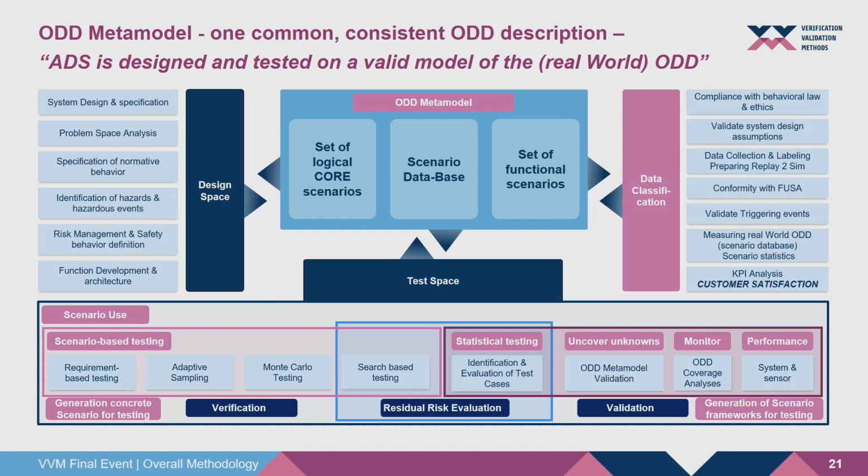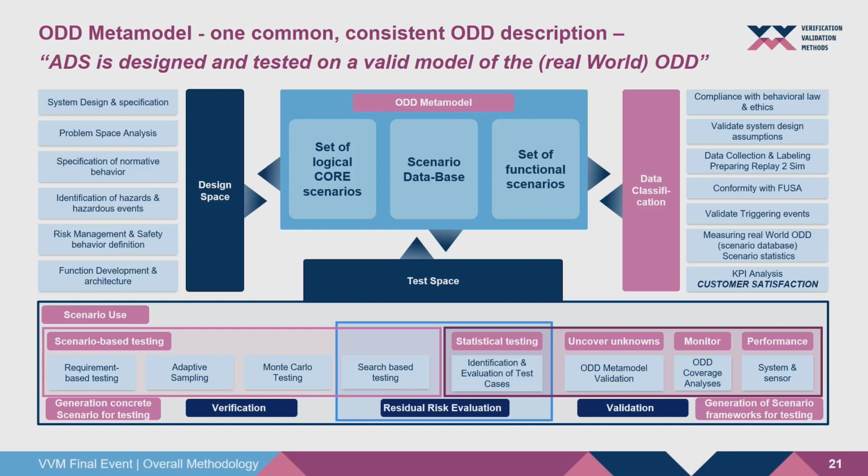We don't want concrete scenarios. We want a generation of a scenario framework to put our systems in these frameworks to be sure that we tested in each scenario which belongs to our ODD.